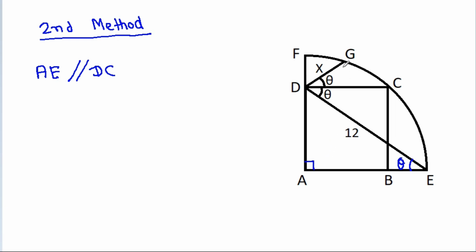And if we draw a perpendicular from G on AE, suppose this point is M and this point is N, then here this angle is 90 degree.